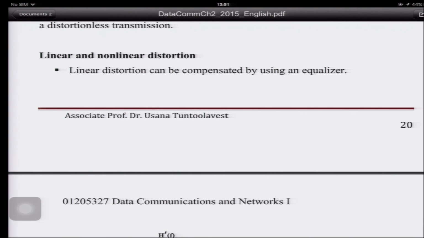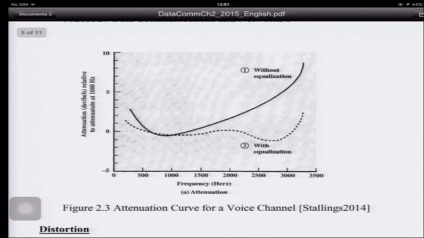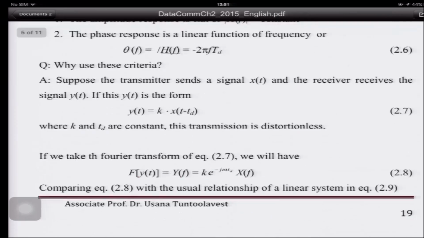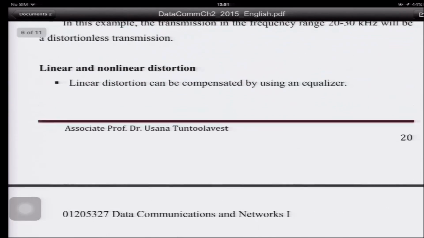The linear distortion can be compensated by using an equalizer. As I showed you before in the graph, when you have an equalizer, you will get a better response, a flatter attenuation.